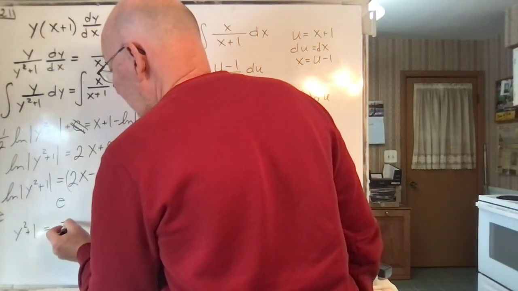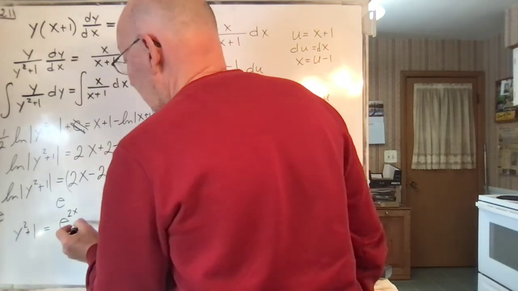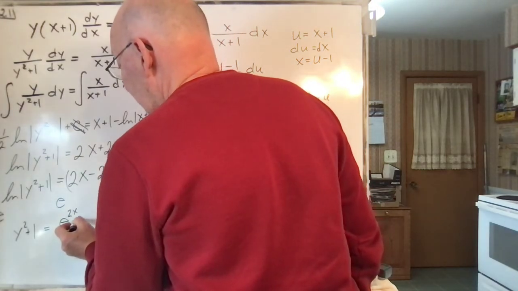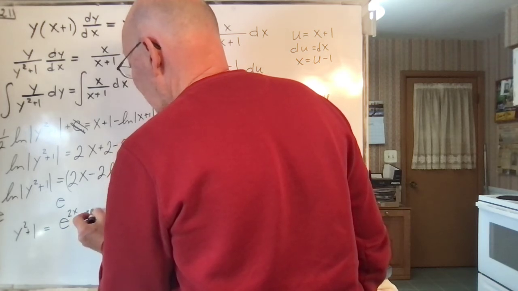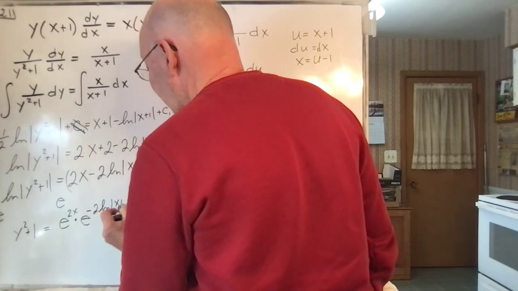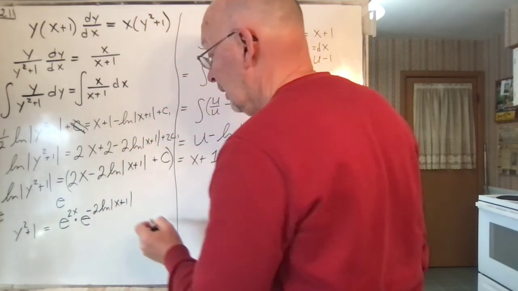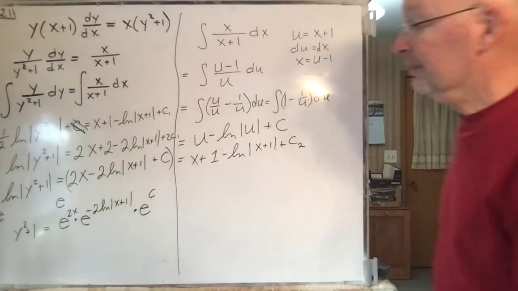I'm going to write this as e to the 2x times e to the minus 2 ln of x plus 1 times e to the c.